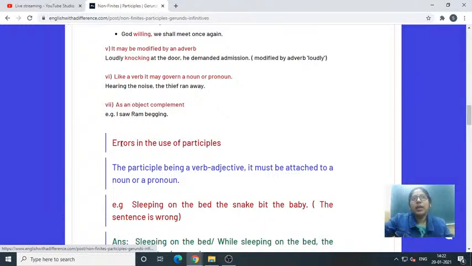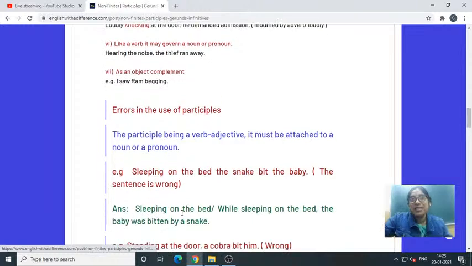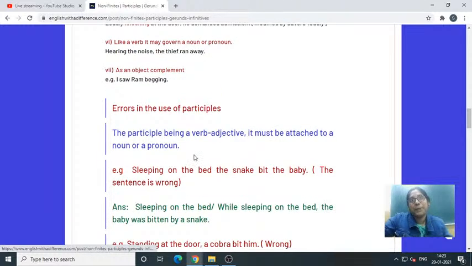So now, errors in the use of participles. Now some of the errors you may also find here. The participle being a verb adjective, it must be attached to a noun or a pronoun. So, for example, you can see: Sleeping on the bed, the snake bit the baby.